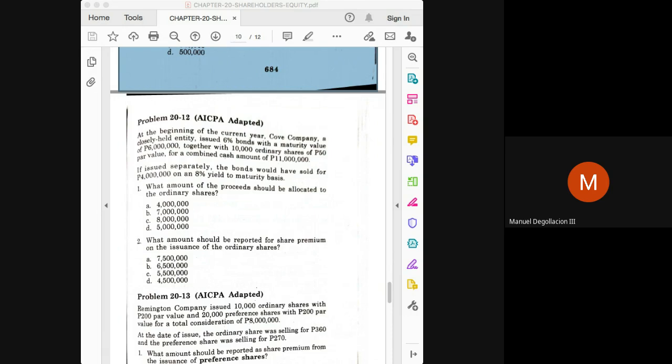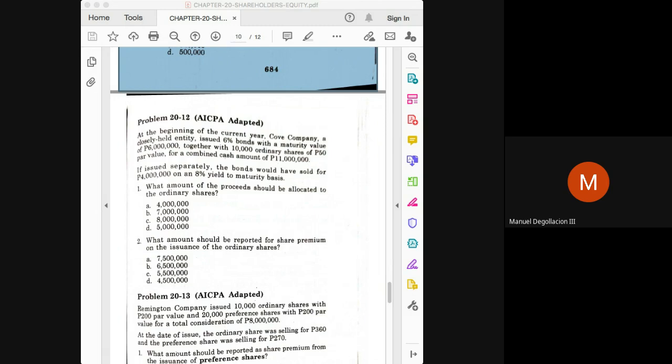Instead, from the basket price, you take the entire fair value of the debt instrument, of the liability, the bond, and the excess will be allocated to the equity instrument.